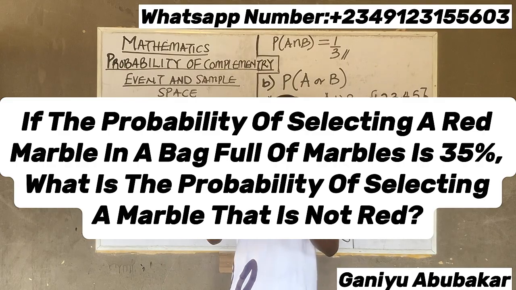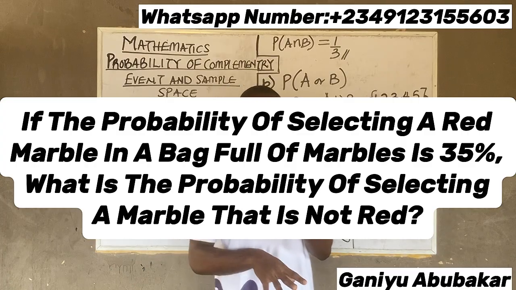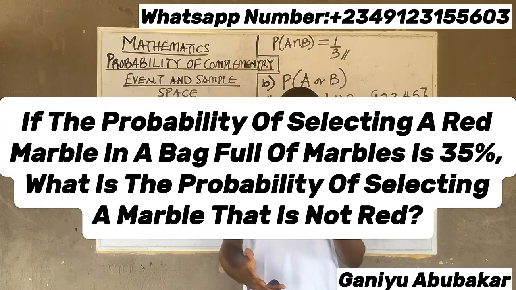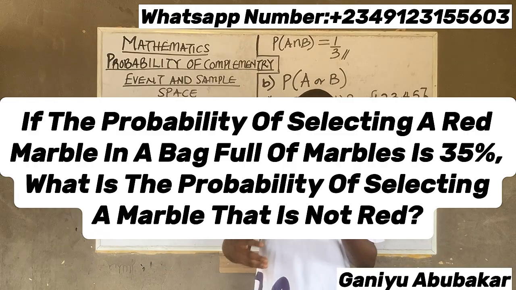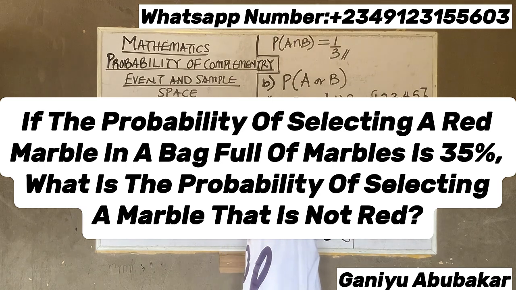I said again, if the probability of selecting a red marble in a bag full of marbles is 35%, what is the probability of selecting a marble that is not red?